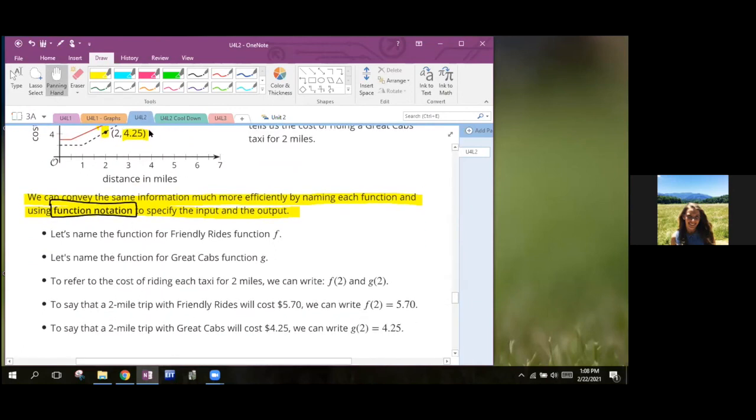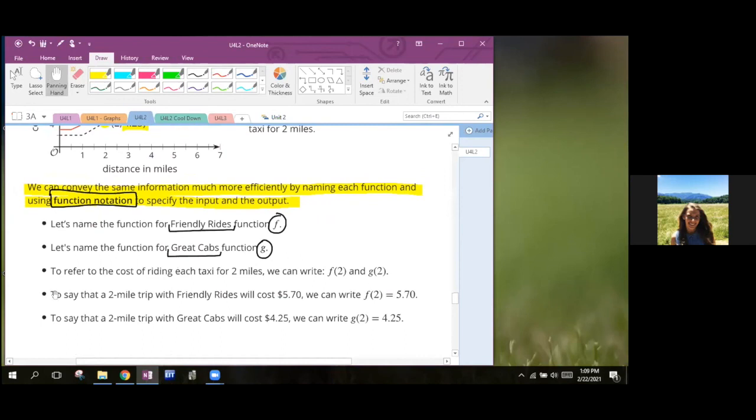All right, so they do that right here. They're going to name the function for Friendly Rides F, which makes sense. Friendly Rides F. Great Cabs is going to be G. So it says to refer to the cost of riding each taxi for 2 miles, we can write.